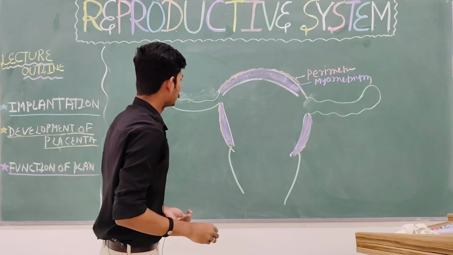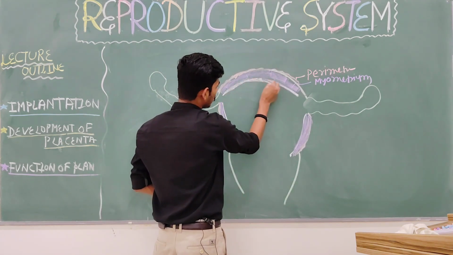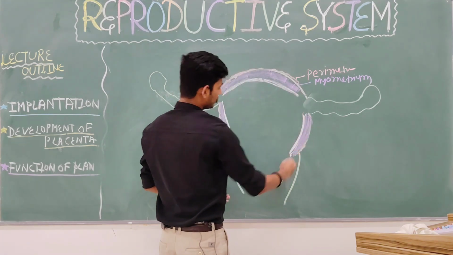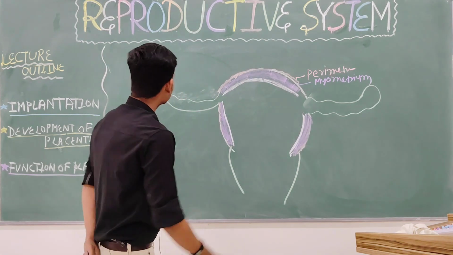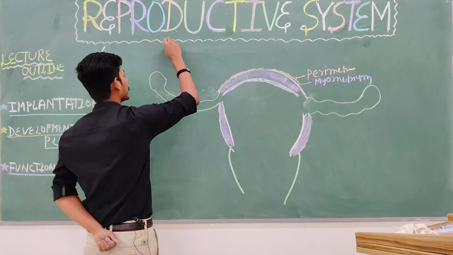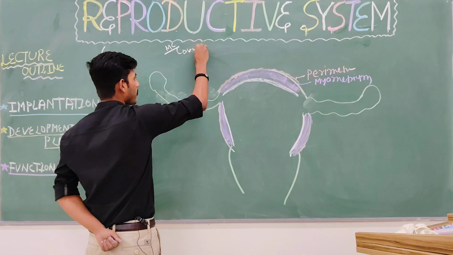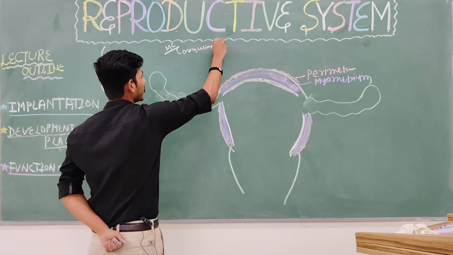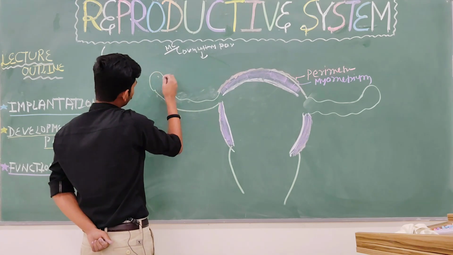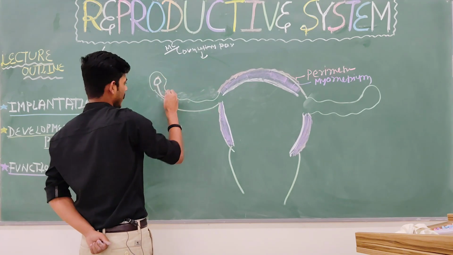Now this innermost layer, as I am showing with the white chalk. Now remember again the menstrual cycle. What is happening in the menstrual cycle? During the ovulatory period there is a release of the secondary oocyte from the ovary.